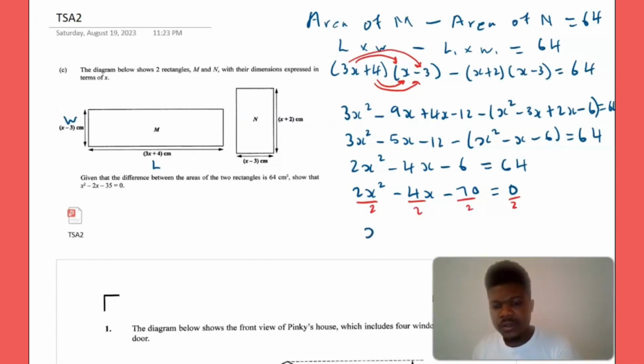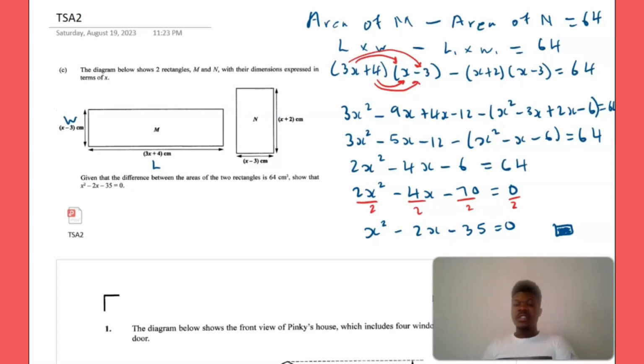Therefore, we're going to have x squared minus 2x minus 35 equals 0. So we have proven that the difference of the area of M and N is indeed equal to 64 and can be simplified into this quadratic equation. All right, so that's the first one right there for us.